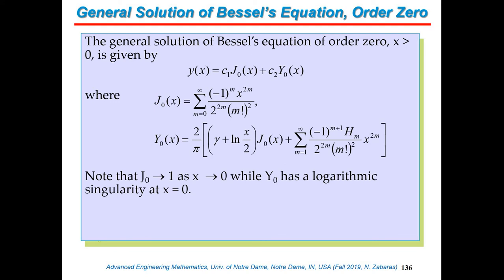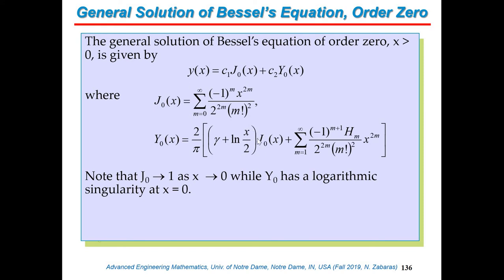Again here, notice that these solutions for J0 goes to 1 as x goes to 0. And notice that Y0 has a logarithmic singularity here, right, at x equal to 0. Okay, so one of them behaves very well with no singularities.